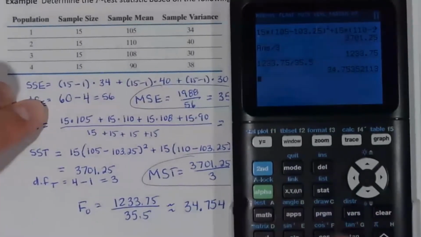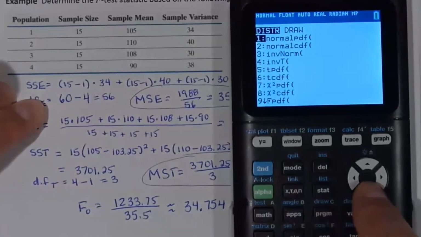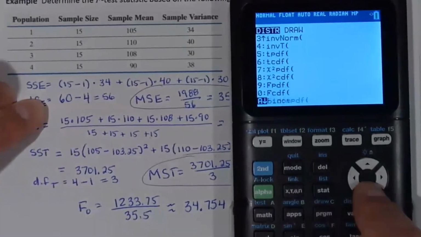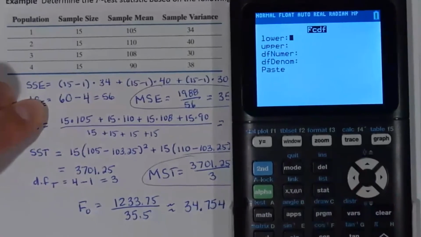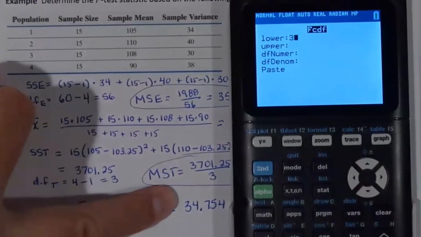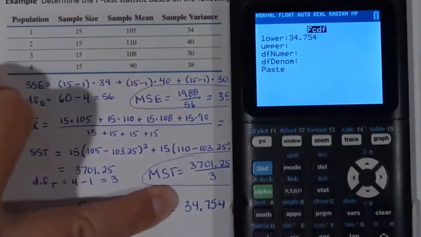So if I were to go to distribution and to the FCDF command on my calculator, in this particular case, my lower bound would be 34.754. The upper bound would be a big positive number.